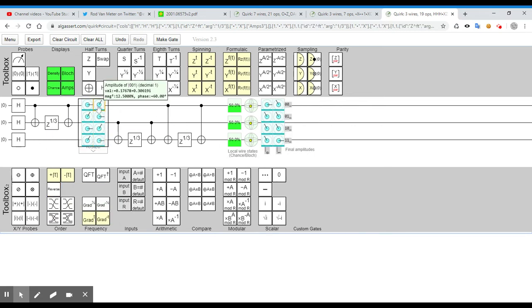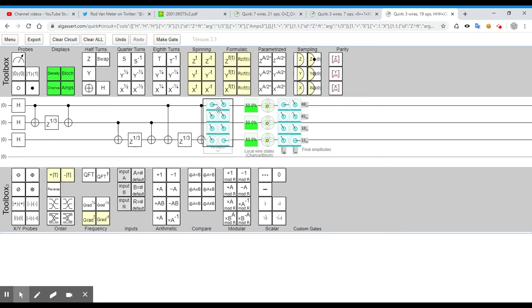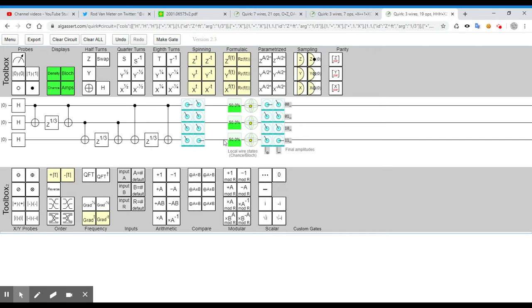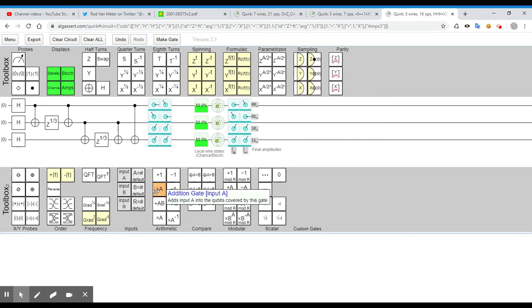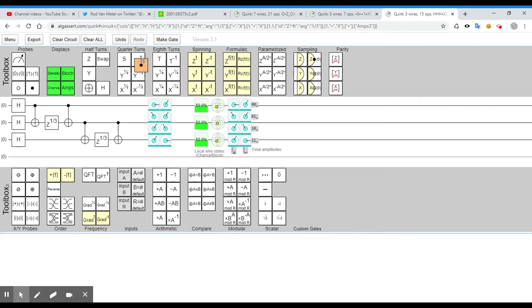So at the end, you've got all these rotations piled up. What if I just remove these?